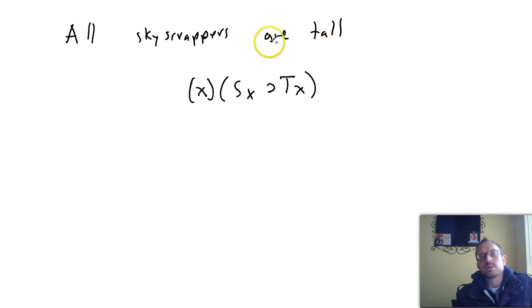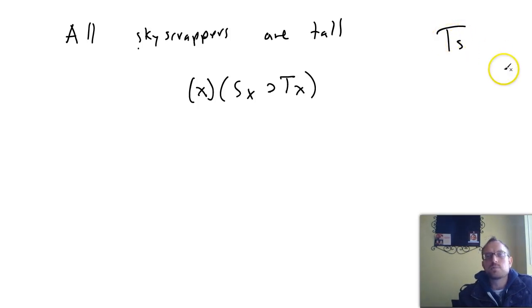Now, some of you may be thinking, but wait a second, didn't we say that subjects should get symbolized just as lowercase letters? Well, this statement says that of all the things in the universe, if that thing is a skyscraper, then it's going to be tall, which means that we're going to symbolize both subject and predicate here as capital letters.